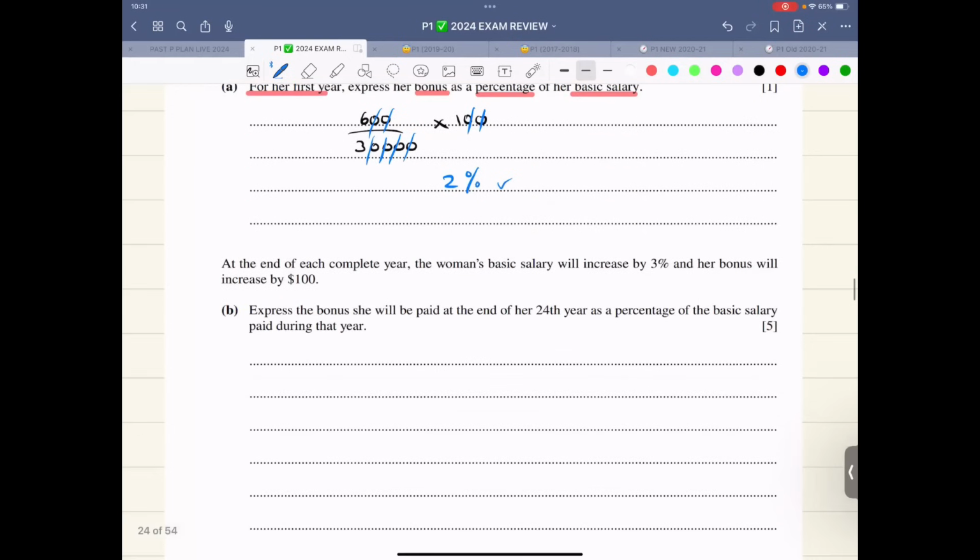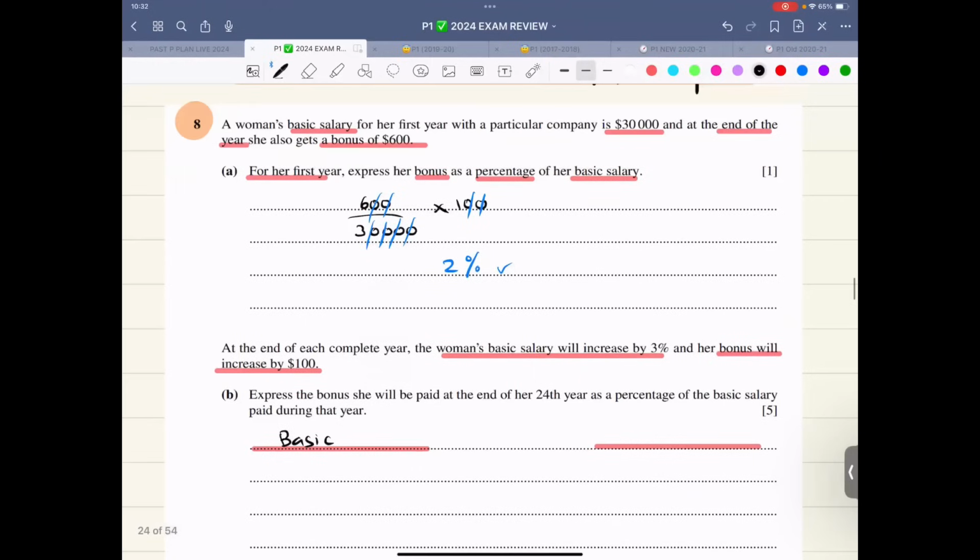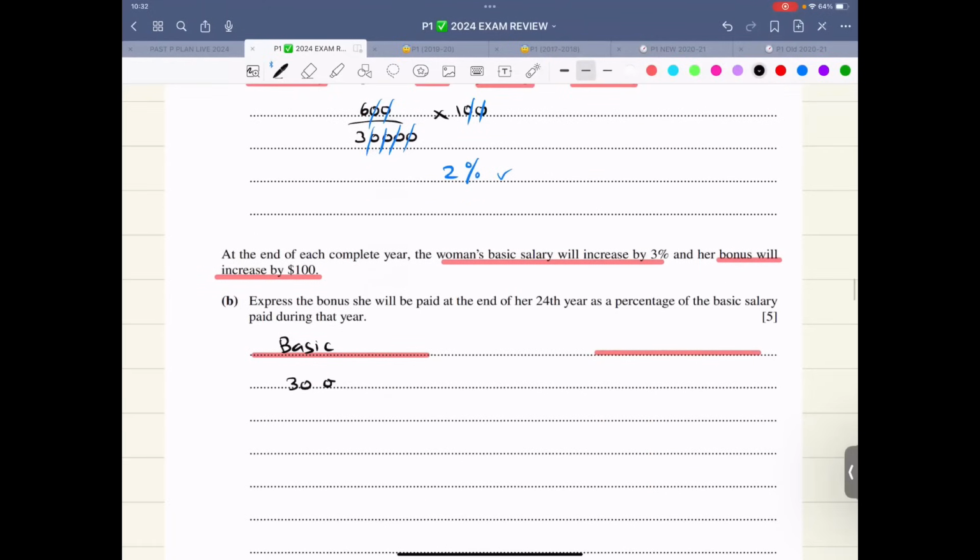Now it says, let me also highlight this. At the end of each complete year, the woman's basic salary will increase by 3%. And bonus will increase by $100. So there is a basic salary, there is a bonus. So this is basic. And that for the first year is 30,000.